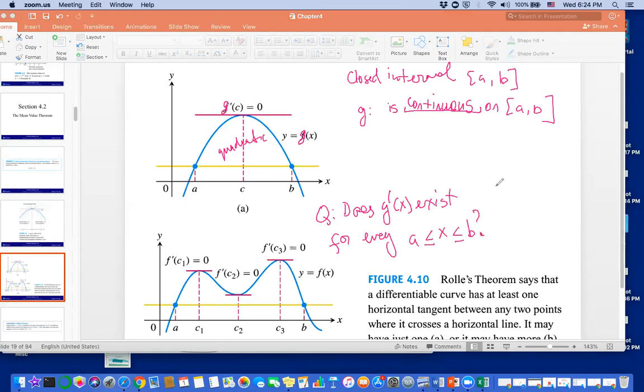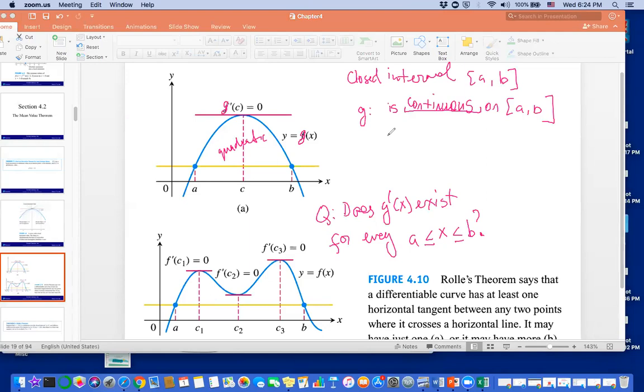Please everybody answer into the chat, yes or no. You can do it privately if you're worried about being wrong. Yes is the right answer. Yes, g prime of x exists for every x between A and B, including at the endpoint.